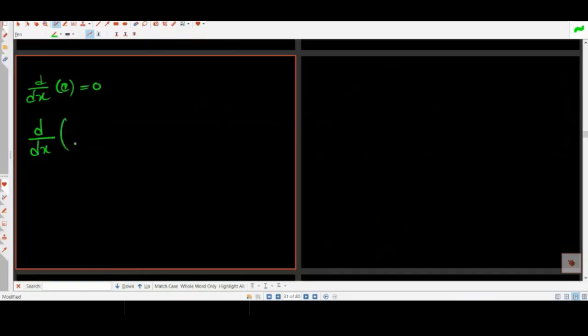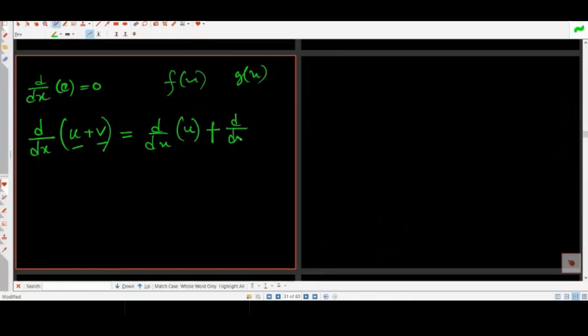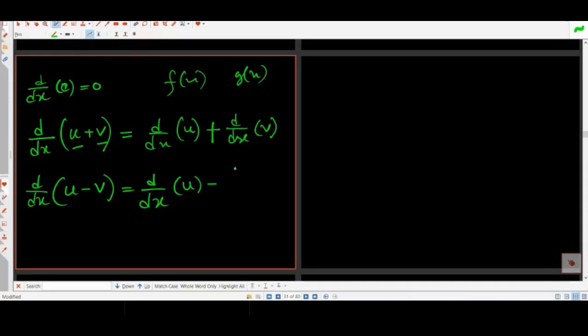But ddx of, let's say we have u plus v. Instead of f of x and g of x, writing u and v will be easier for you to understand. So the derivative of the summation u and v will be derivative of u plus derivative of v. And the same property holds for subtraction. Derivative of u negative v will be ddx of u negative ddx of v.